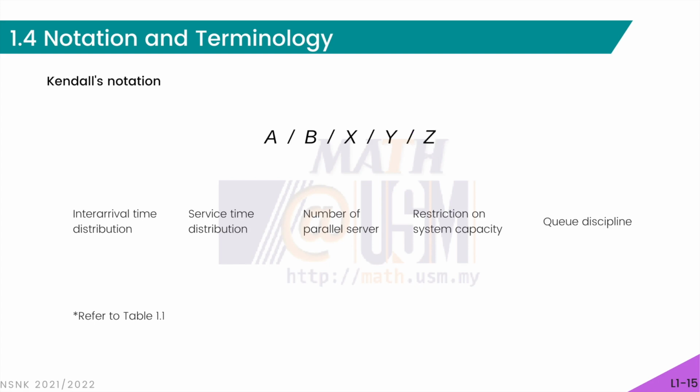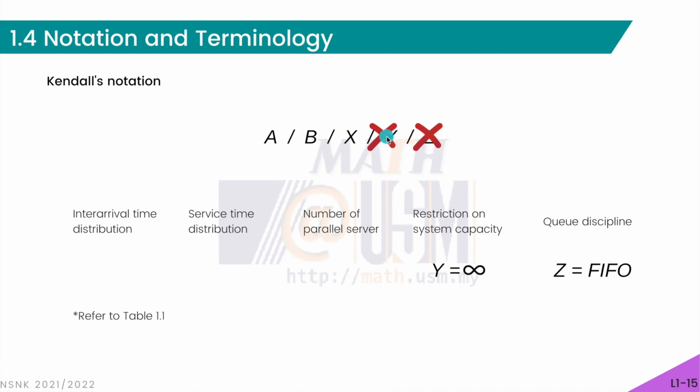In many practical cases, if your Y, or your system capacity, is equal to infinity, basically you don't have any restriction on the system capacity or waiting line, so we will just omit this symbol. Also, when your Z, or your queue discipline, is FIFO, we omit that too.